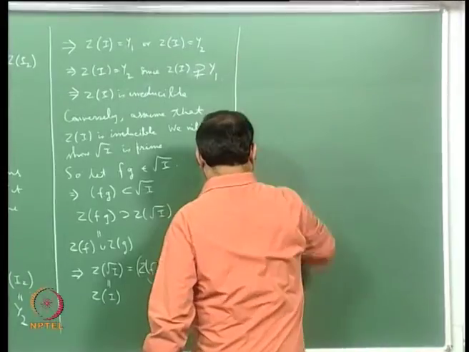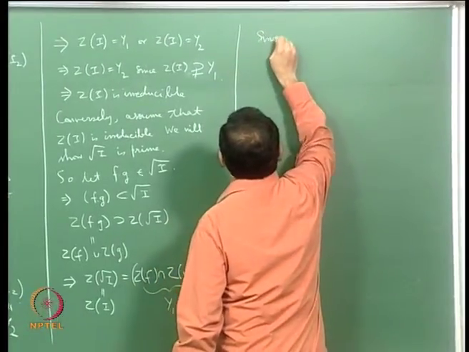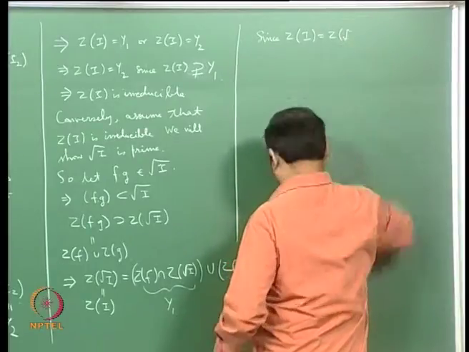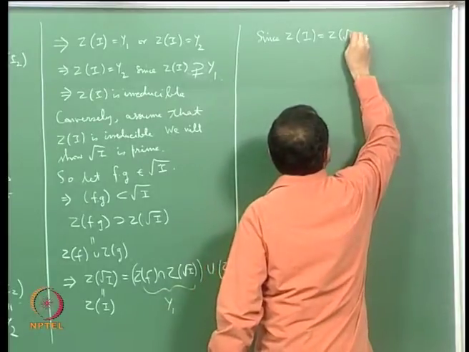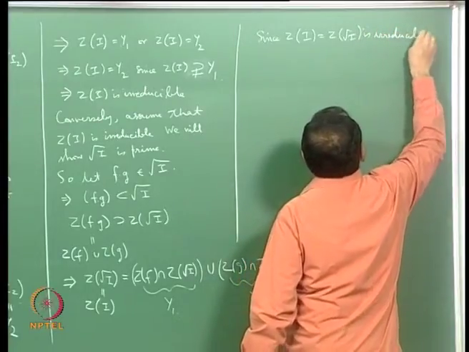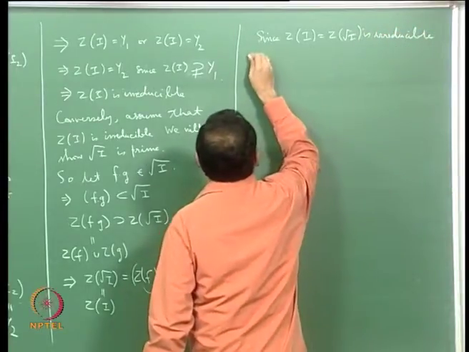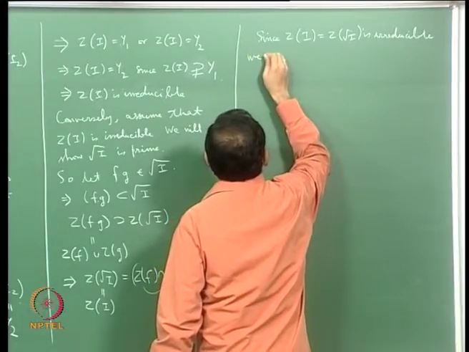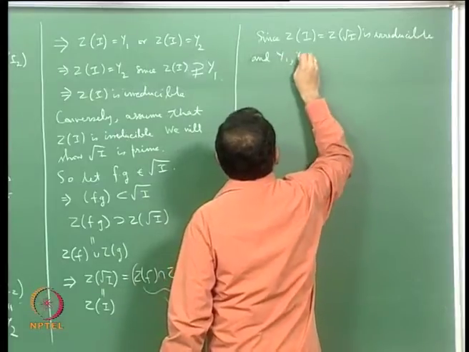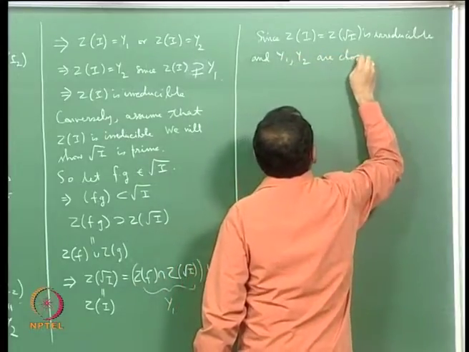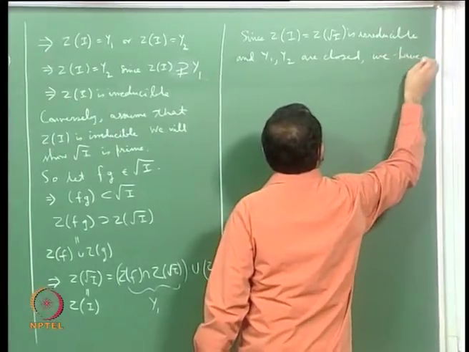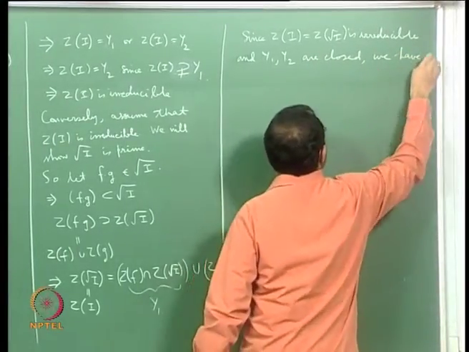Okay, so let's write that out. Since Z of I, which is equal to Z of rad I, is irreducible, and y1 and y2 are closed, we have the following possibilities.